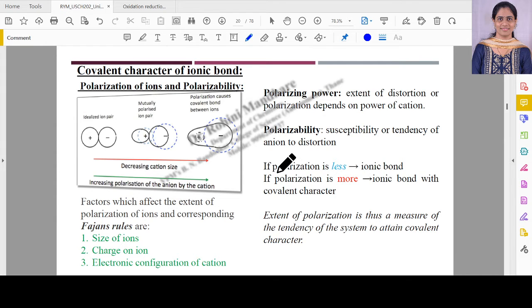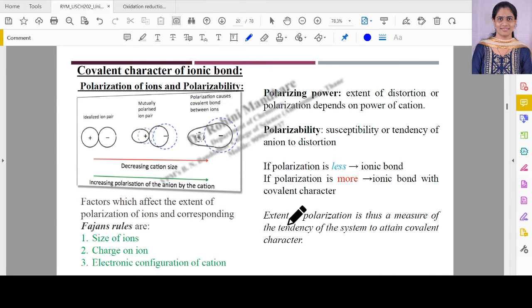So you have an ideal ionic bond, where it is formed by electrostatic force of attraction. With decreasing cation size, when the cation size becomes small you will find a little polarized species. With further decrease you will find more polarization, so increasing polarization of the anion by the cation.